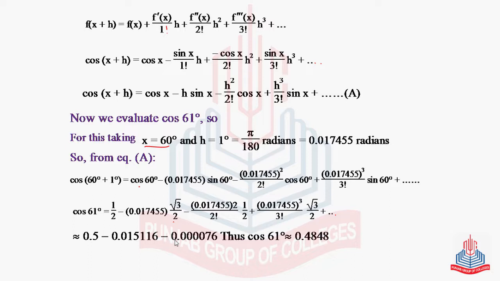And similarly, this square divided by 2 factorial and this 2 will give the value 0.000076. And thus, by calculating or simplifying in the same way, cos of 61 is equal to 0.4848, the approximate value of cos of 61.